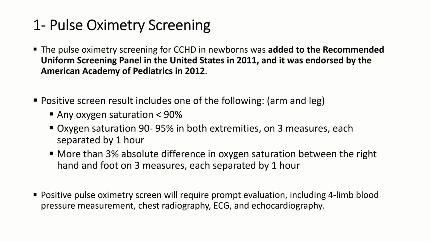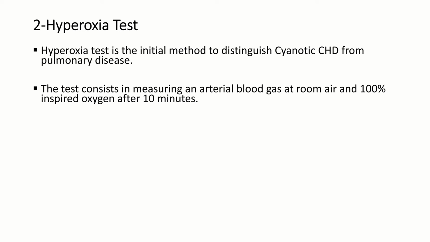This is the first simple clinical test in the outpatient clinic, the pulse oximetry screening, and the second one is the hyperoxia test. The hyperoxia test is an initial method to distinguish whether the central cyanosis is due to the heart or the lungs, a cardiac condition or a pulmonary condition. The test is very simple.